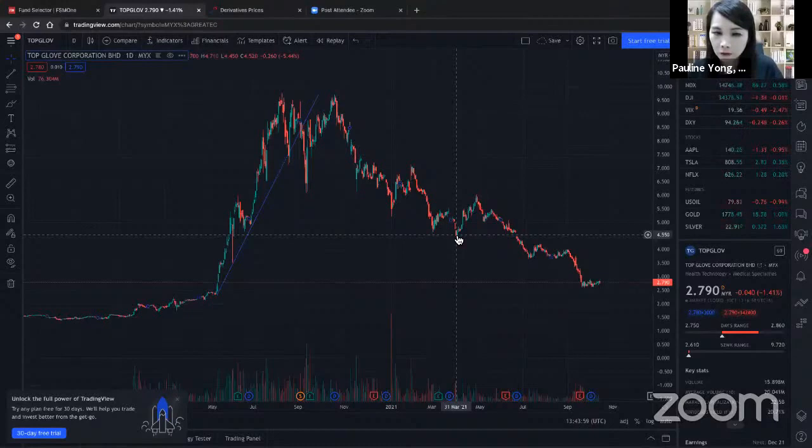Wave number 4 did not touch my wave number 1 here. So then this one is a valid one. So then you can see that this will be wave 3 and then ABC. So ABC, what kind of ABC? Is it a flat, like this flat 3 wave, or what kind?